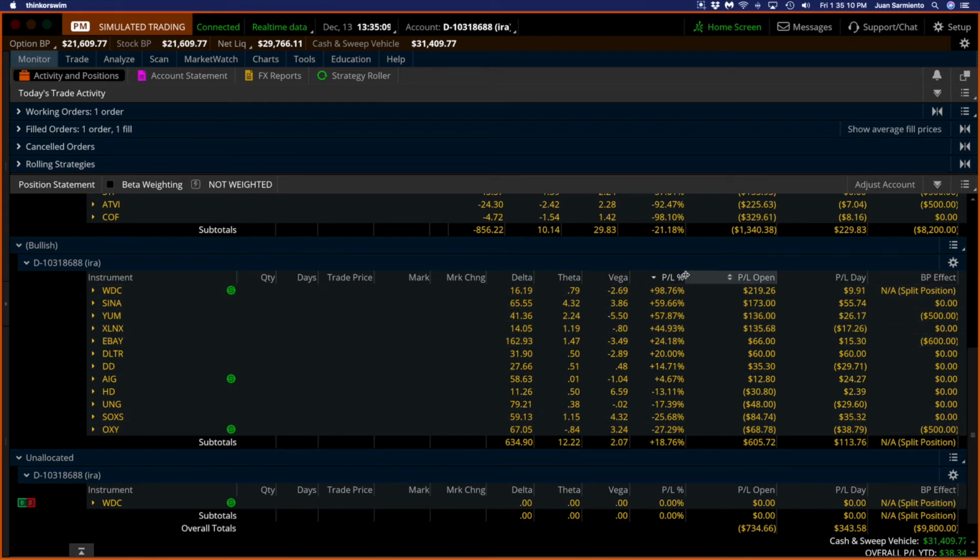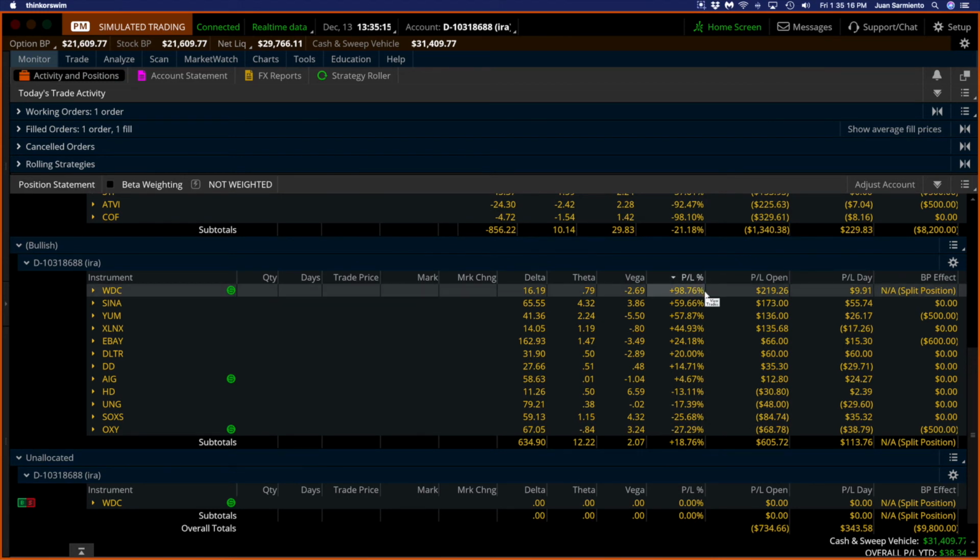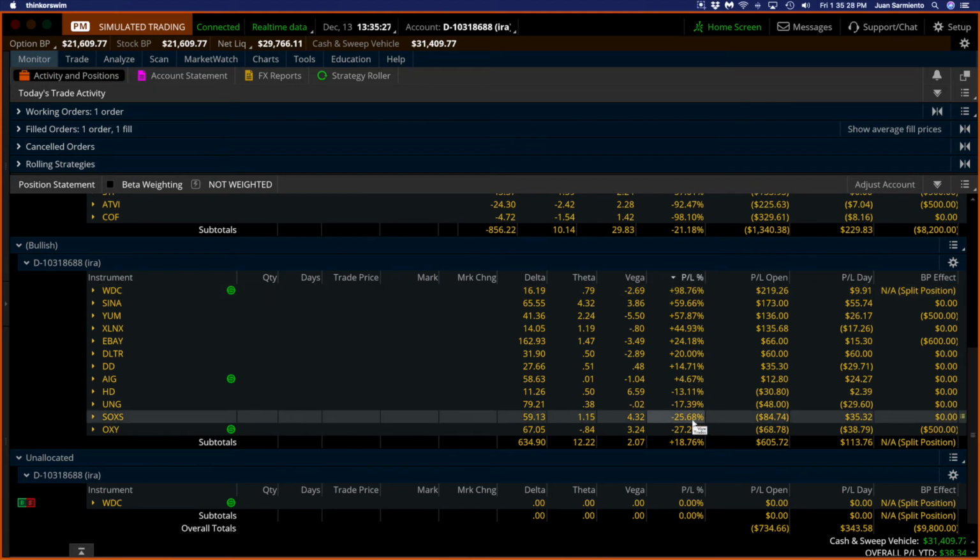Over here I added this PNL percentage in the last column. I showed that in the previous video, or in a previous video. I will place the link below, so check that out so that you see the other video that explains how to add this PNL here to the front, to the activity and positions.